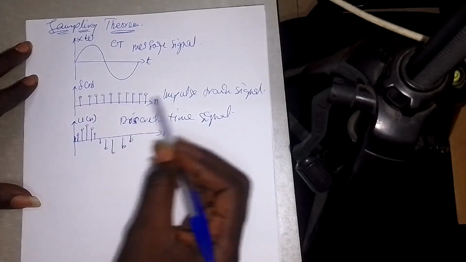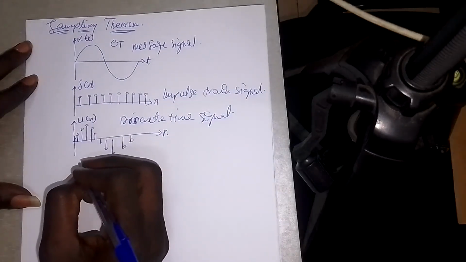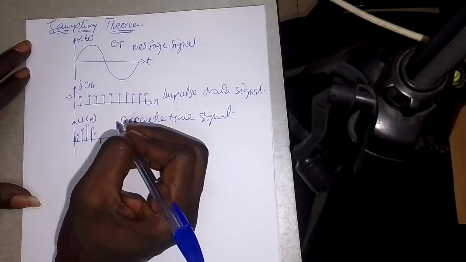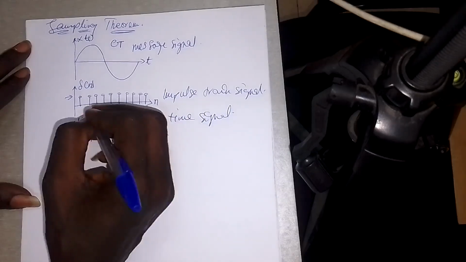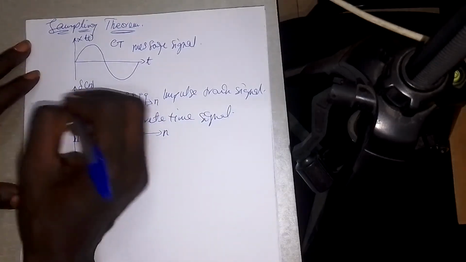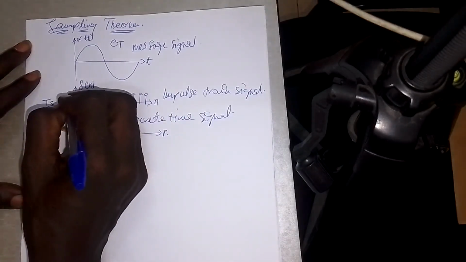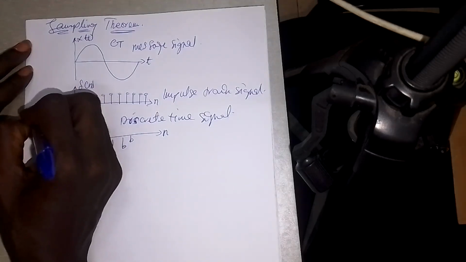One thing is that the impulse train signal must have a time period. The time period is called Ts.